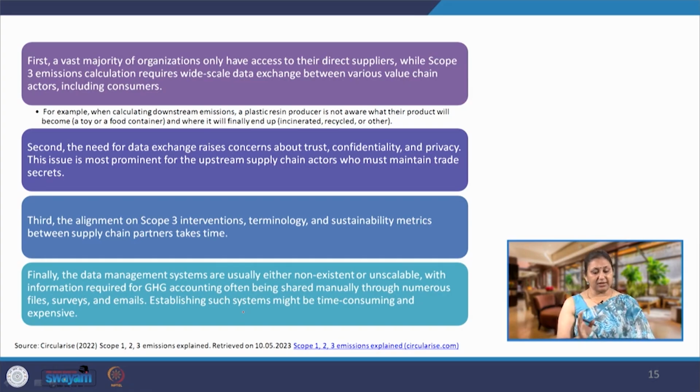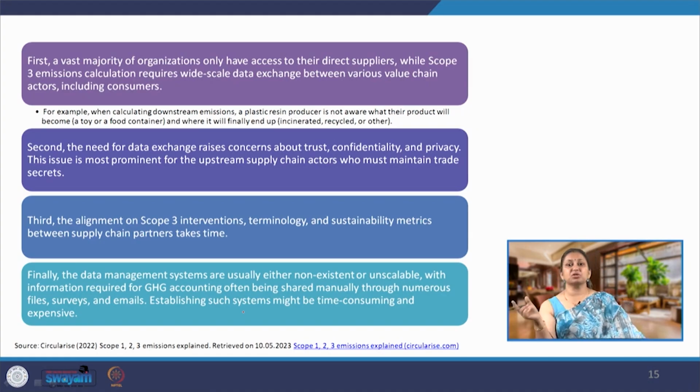But once we have done that, and even while we are doing that, we have a lot of problems in actually measuring the emissions. For example, the majority of organizations know of their direct emissions, but they do not know what their vendors or suppliers are doing, upstream and downstream, how they are producing their goods.